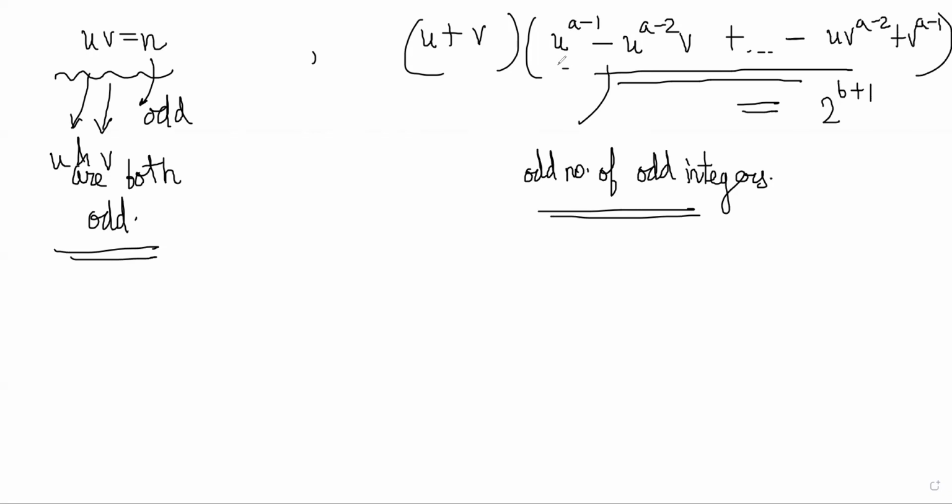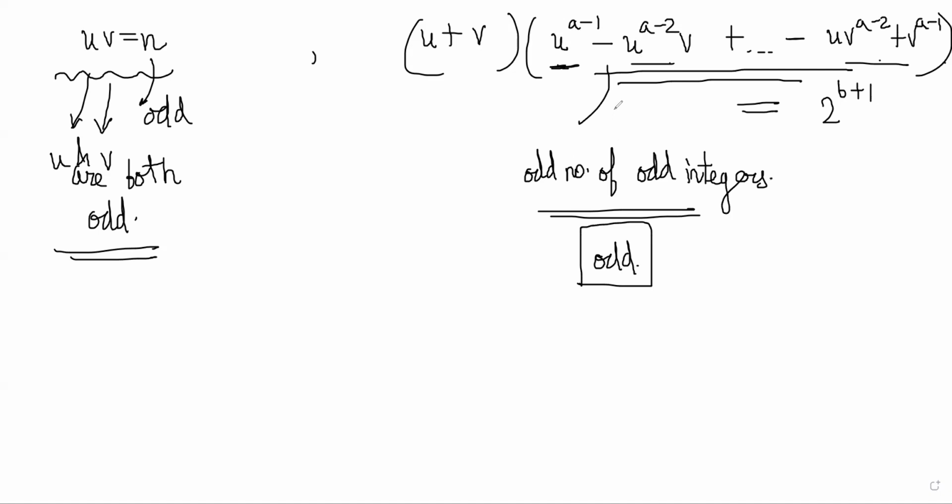So there are an odd number of integers here, right? You can think about powers 0 to a - 1. So there are a terms here, which is an odd number of odd integers, right? If you have an odd number of odd integers, what is the sum or difference of them going to be? It has to be odd, right?